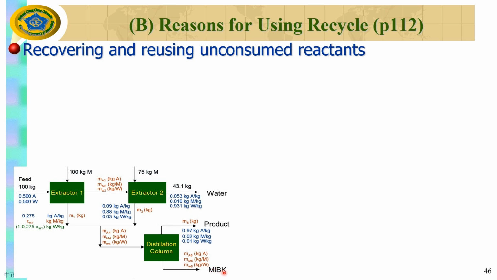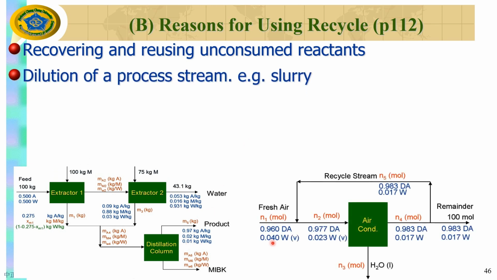Like this MIBK. It can be reactants, or it can be the input streams or species, unconsumed species, right? So this is one example, the MIBK example. And then the second one is diluting a process stream. Remember this air conditioner, you want to dilute a process stream, okay?